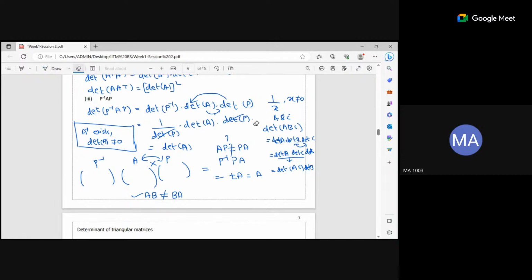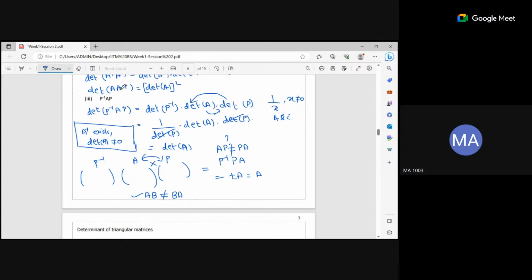This is actually the straightforward method. You don't have to worry about all this. Here you see that straight away you can use these properties and get that the determinant of P inverse AP is the determinant of A. In fact, there is a name for this type of matrices.